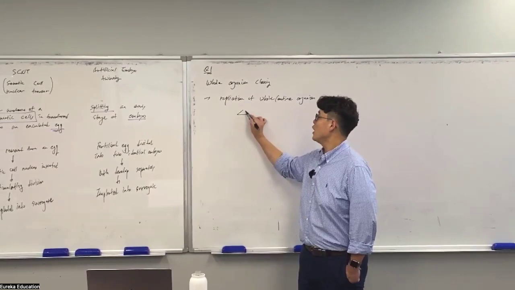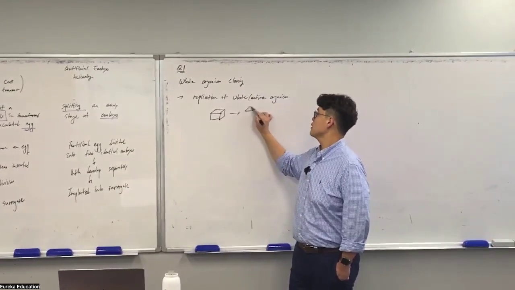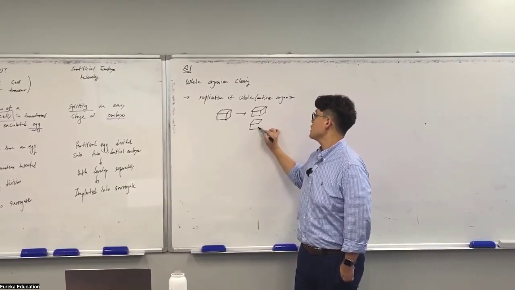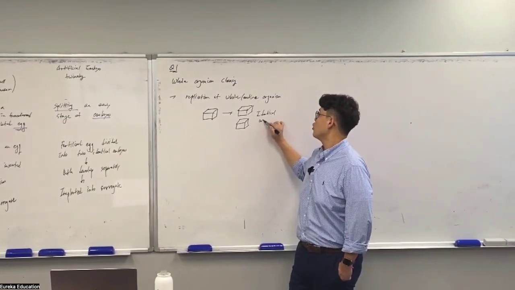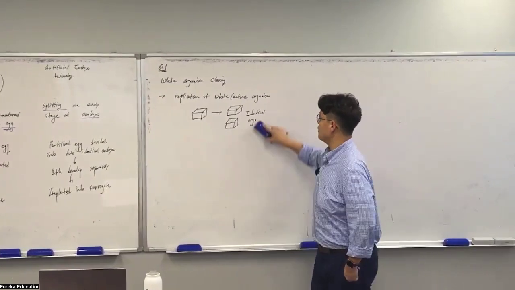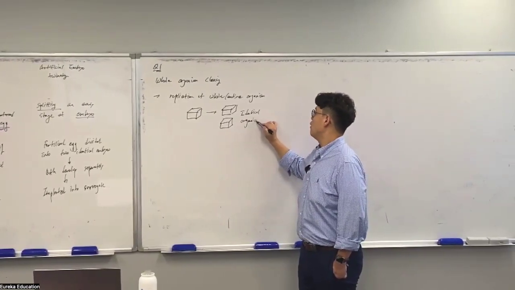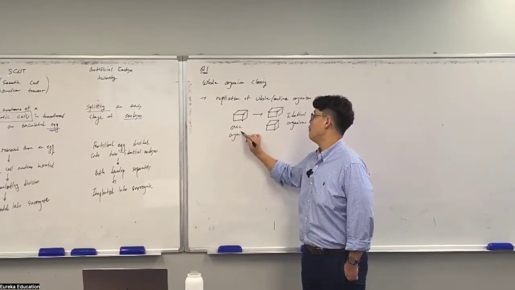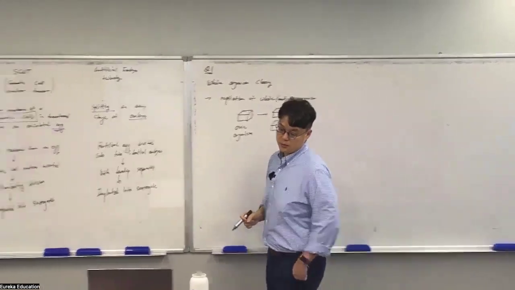Which means from one organism, we are copying and pasting to get two identical organisms, whether that's through the SCNT from one organism. That is how we can think about whole organism cloning itself too.